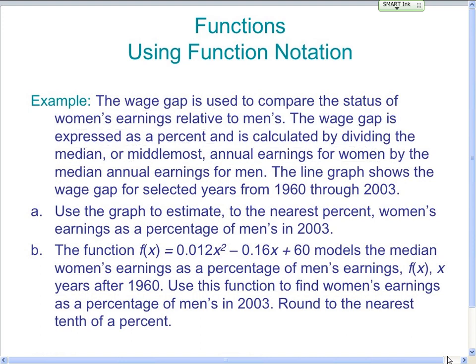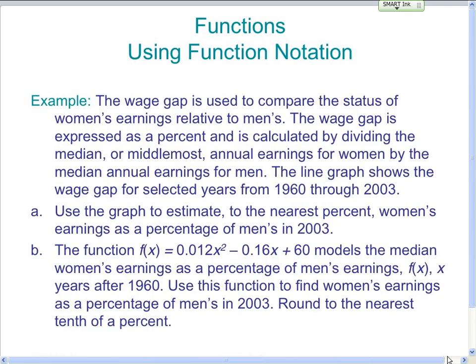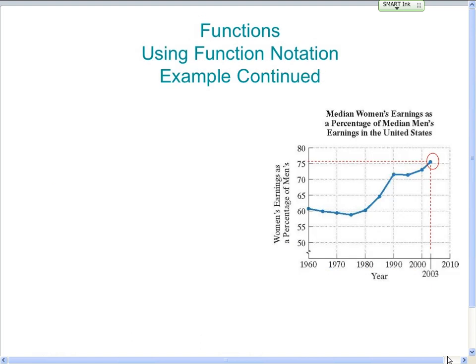The line graph, which is here, shows the wage gap for selected years between 1960 and 2003. Use the graph to estimate to the nearest percent women's earnings as a percentage of men's in 2003. Okay, so we're going to take a look at the graph itself. We're going to estimate 2003, which is approximately right here, and we're going to go up to the graph.